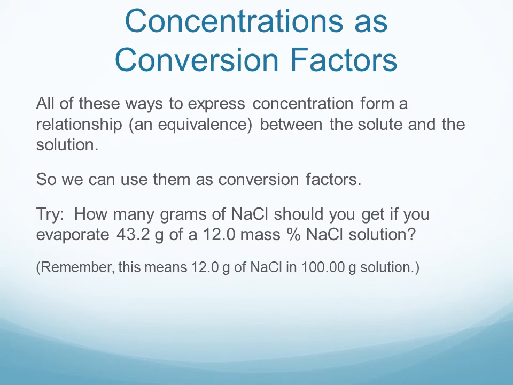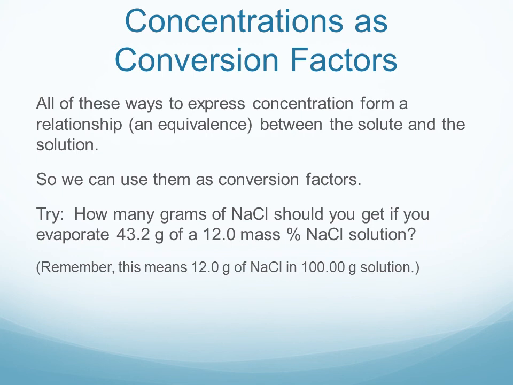So these concentrations are a way to relate the amount of solute and the amount of solution, so we can use them as conversion factors. For example, we're trying to figure out how many grams of sodium chloride we can get if we evaporate 43.2 grams of a 12 mass percent sodium chloride solution. The 12 mass percent means that we have 12 grams of sodium chloride in every 100 grams of solution.